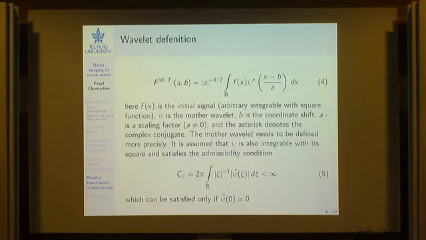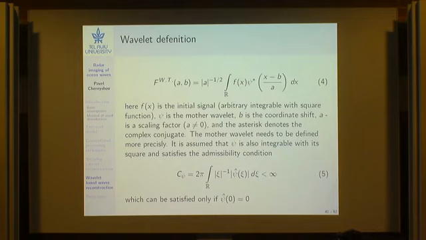So what is the alternative? Actually, there are 2 of them. It is the windowed Fourier transform, or we tried wavelet analysis. I put here the formal definition of the wavelet transform. F is a signal. It's assumed to be an arbitrary square-integrable function.